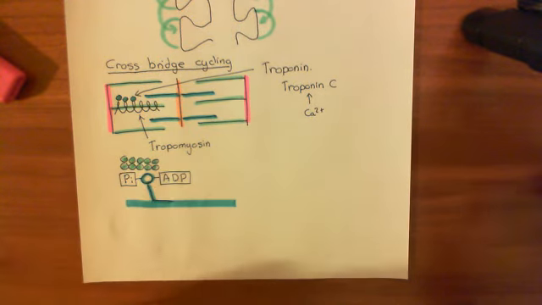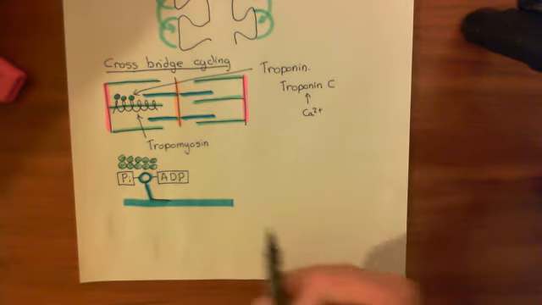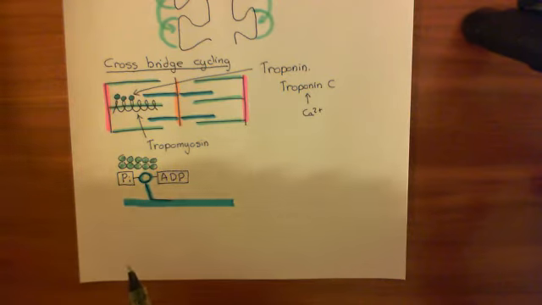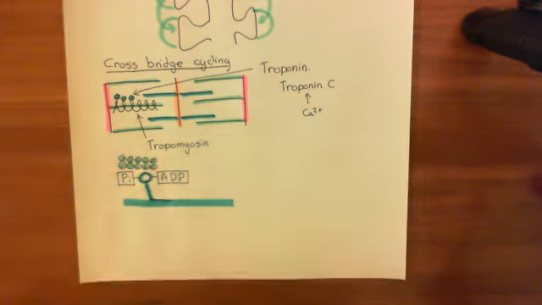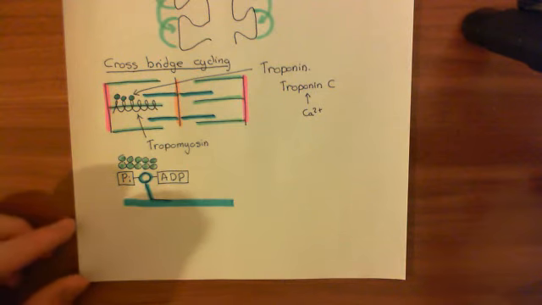Now, the first stage of the crossbridge cycle is the formation of the crossbridge. This is basically a bond between the myosin head and one of the myosin binding sites on the actin monomers.